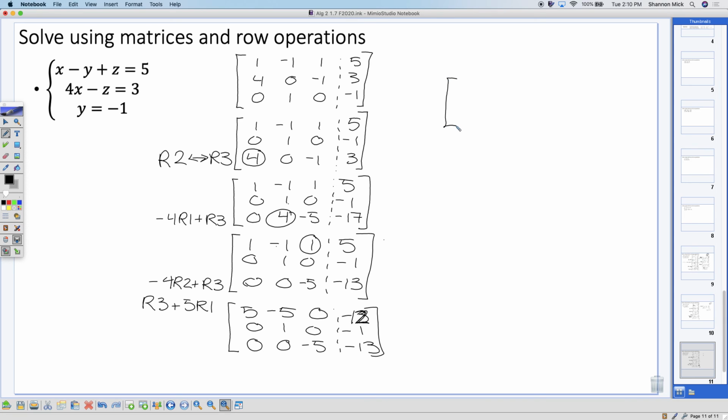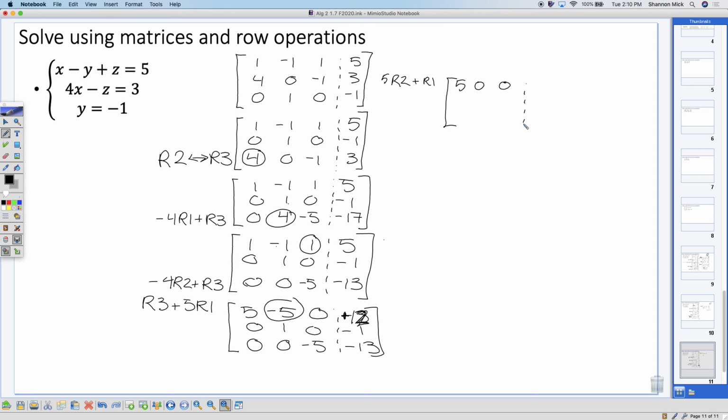No, actually, it would be positive. Sorry, that's a positive 12, everybody. Okay, so then I'm going to have to get rid of this 5. Yes? So 5R2 plus R1.